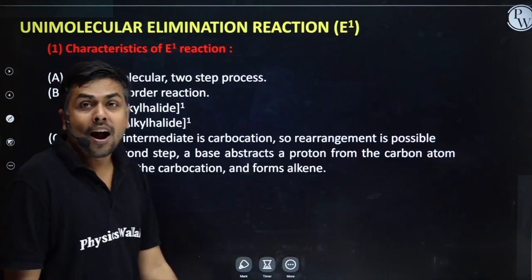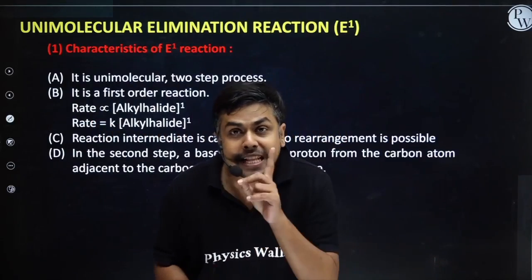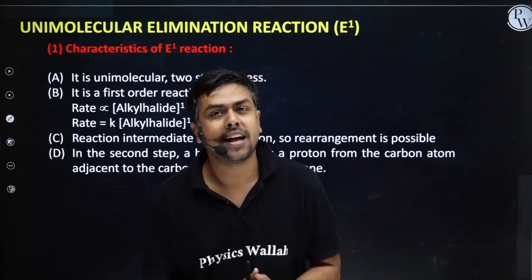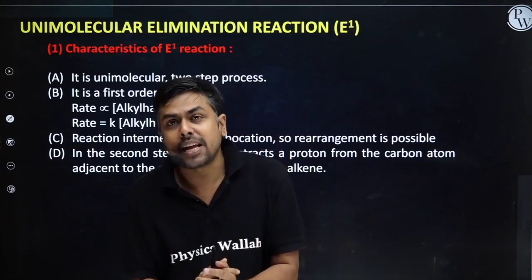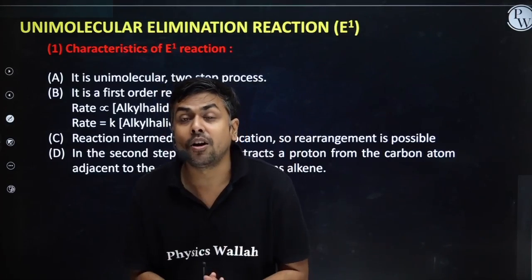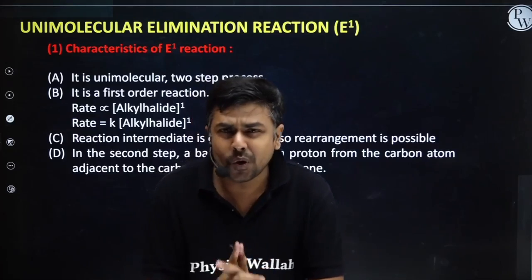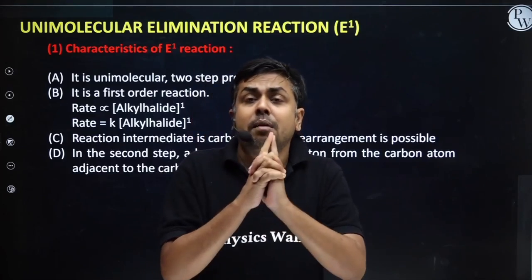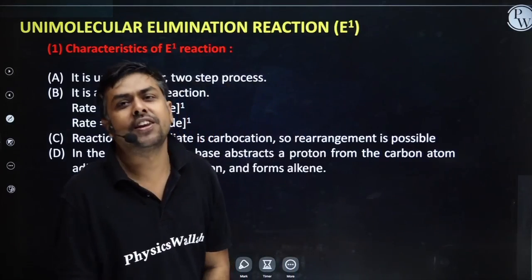Student, since in the RDS only alkyl halide is involved, unlike the E2 reaction, the E1 reaction does not depend on the concentration of base. At the same time, it does not depend on the nature of base. Student, in general, a poor to moderate type of base promotes E1 reaction.